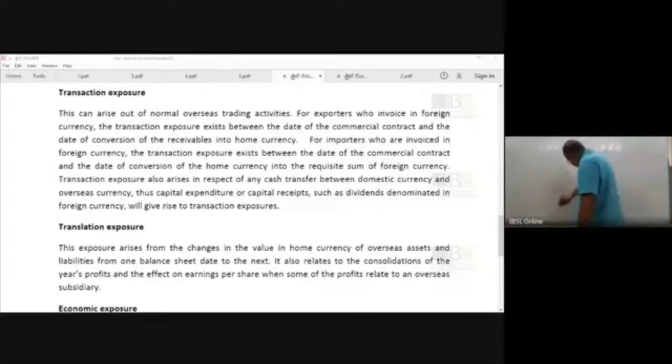Economic exposure. I will take the two countries again, Sri Lanka and Bangladesh. We'll take a company called A company and B company.